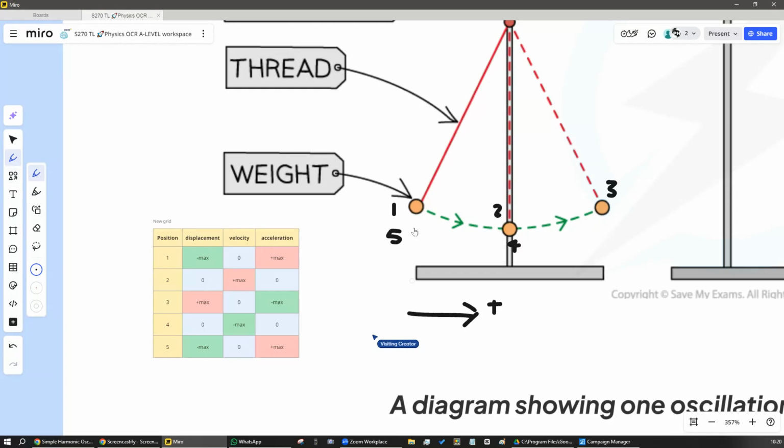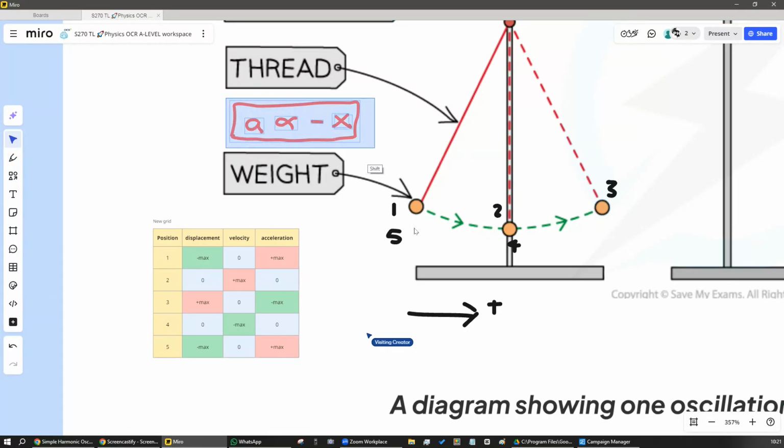And so whenever you have a system that is in simple harmonic motion, the acceleration is directly proportional to the negative of the displacement. This is what we want to find out whenever we ask whether a system is in simple harmonic motion. If it is the case, the system is in simple harmonic motion.